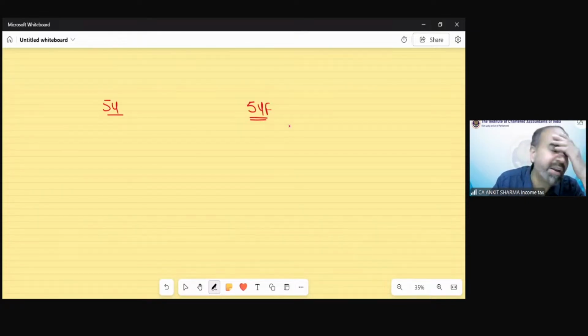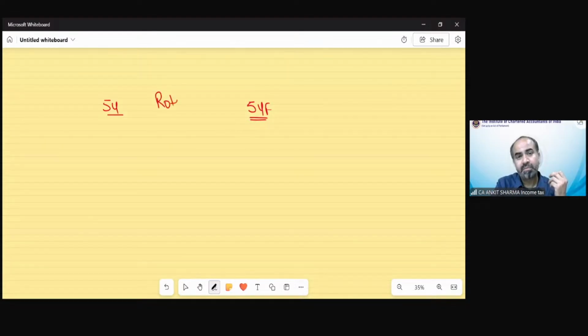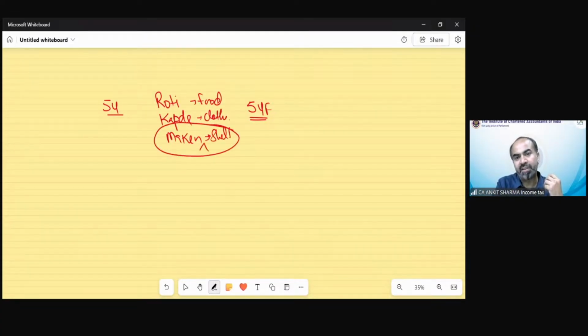In our country, there are three basic needs: roti, kapda, and makan. Okay, that means food, clothes, basic necessity, fine, and shelter. So we are talking about this shelter, this residential house thing.